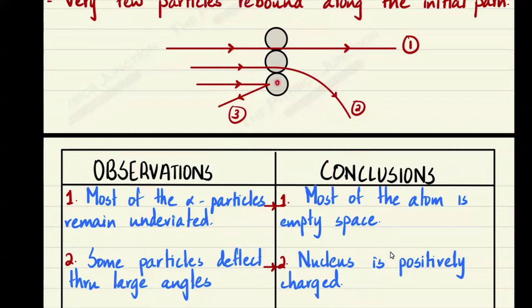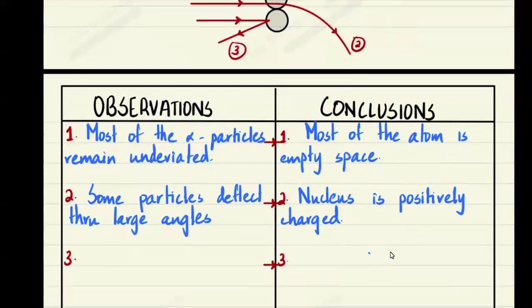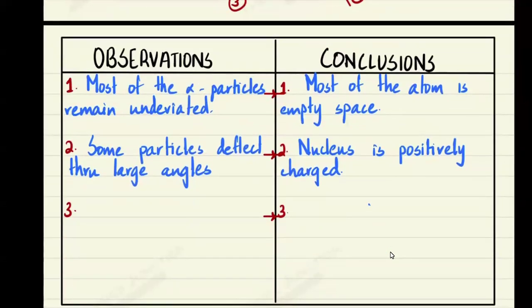So because they come so close to the nucleus, and if these are also positive charges still, these experience a very, very strong force of repulsion because the distance between them is so small. So what we get from this is if only few particles were observed doing this, then these were the lucky few who were fortunate enough to be so close to the nucleus. Because, and this is the conclusion, the nucleus is very small.